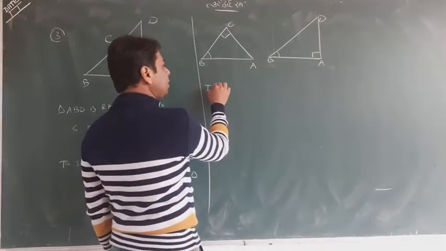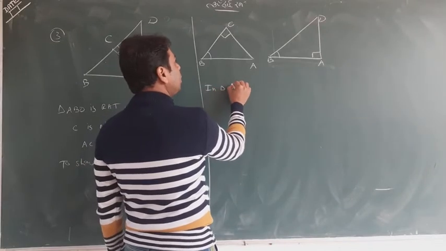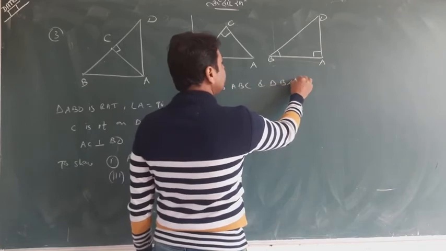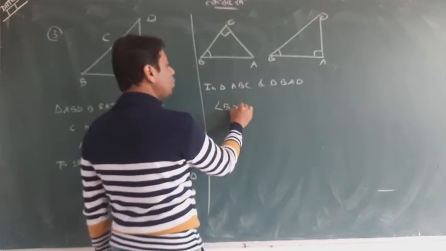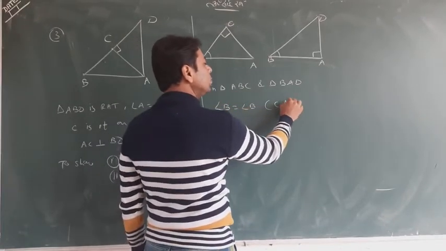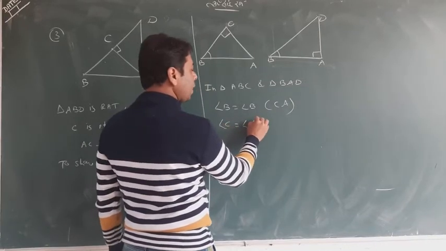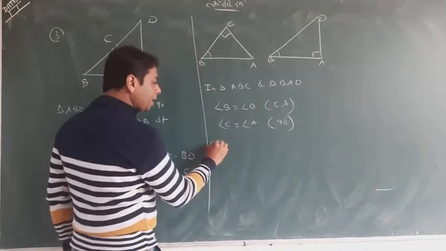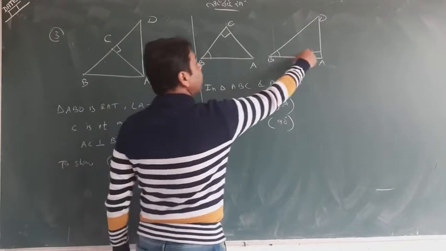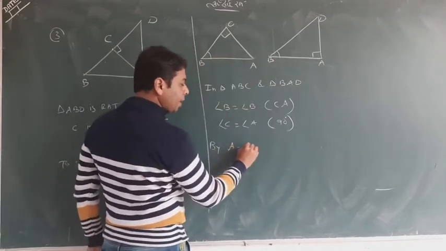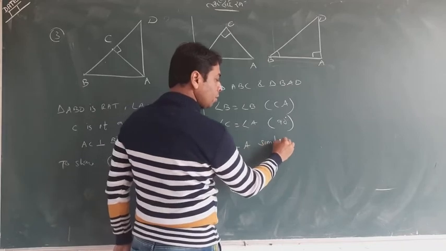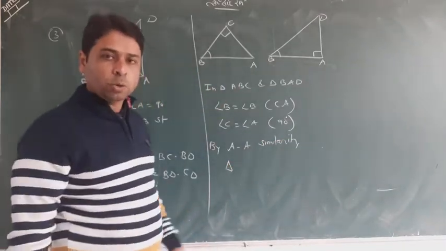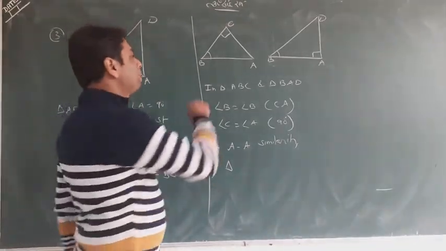In triangle ABC and BAD, what are equal? Angle B equal to angle B, common angle. Angle C equal to angle A, 90 degrees. So by angle similarity, the triangles are similar.